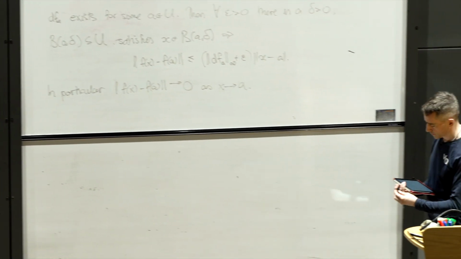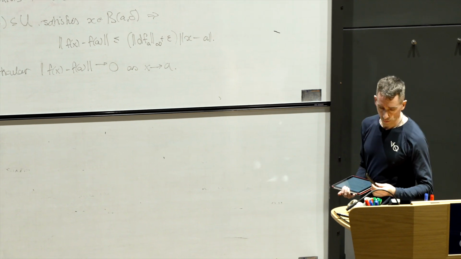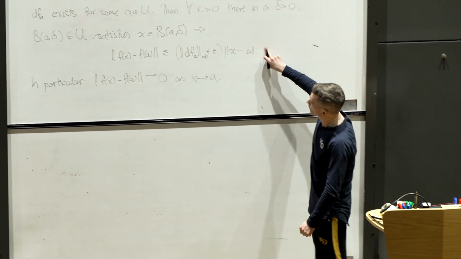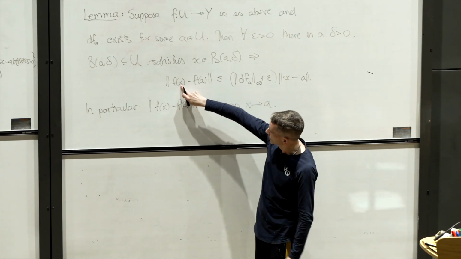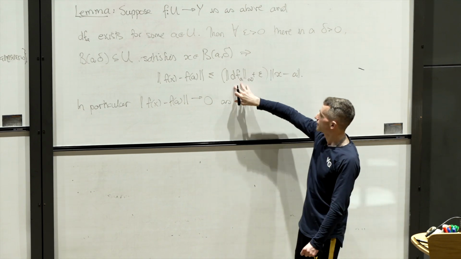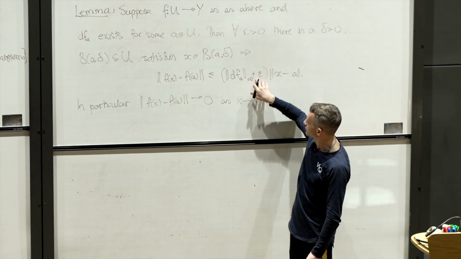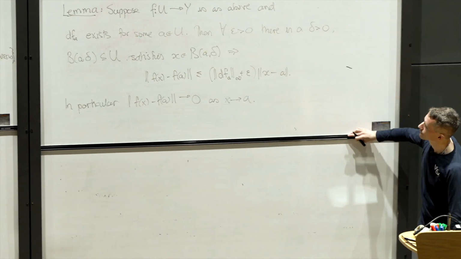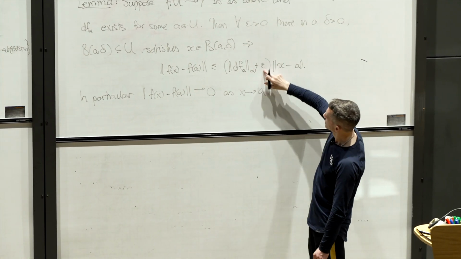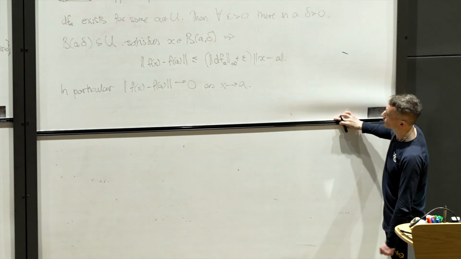So this inequality is saying that the distance of f of x from f of a, provided x is close enough to a, is roughly bounded by the norm of the derivative of f at a, plus some error that you can make as small as you like.